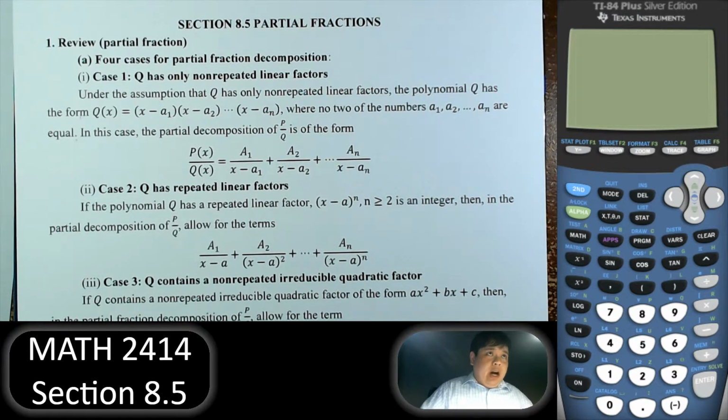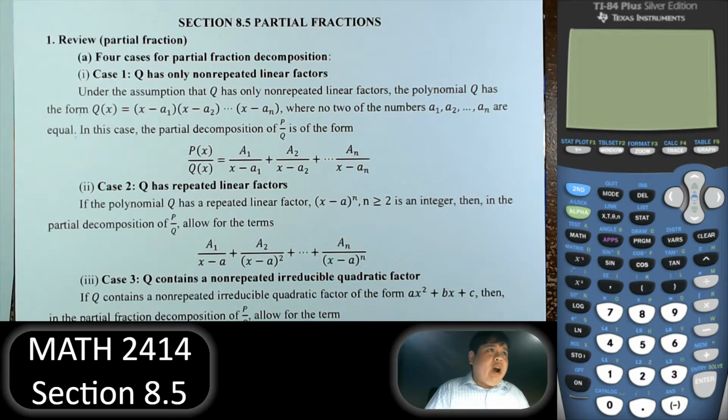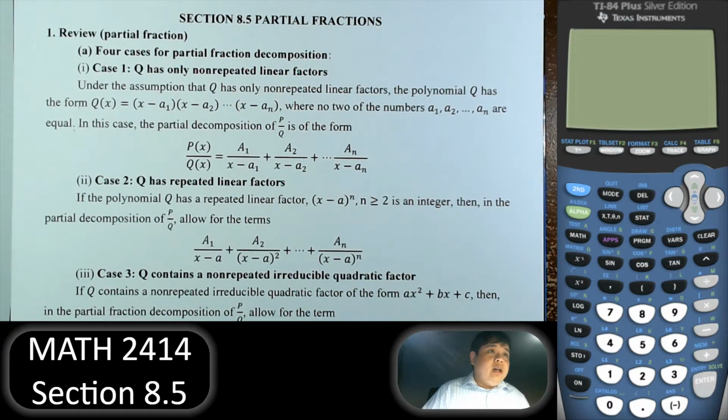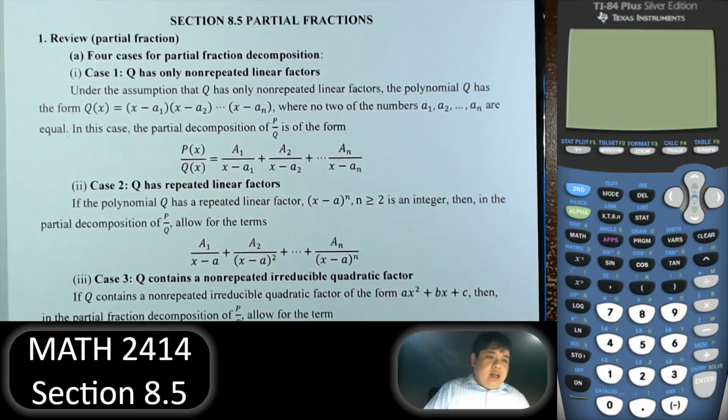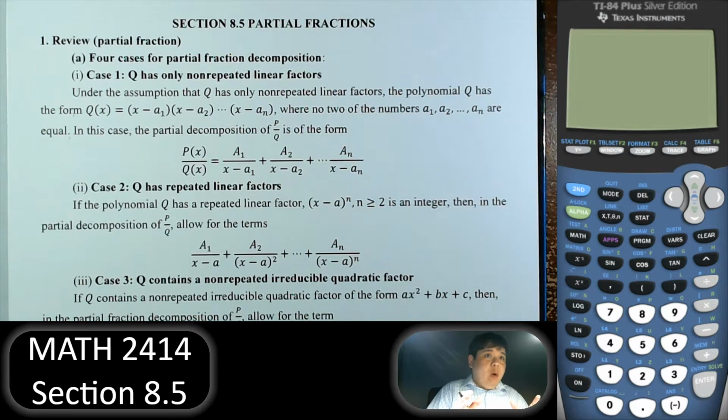Right. So, to review partial fractions, there might be different cases, but I put everything here. Bottom line is where we have a polynomial, it can be factored into linear or quadratic factors.